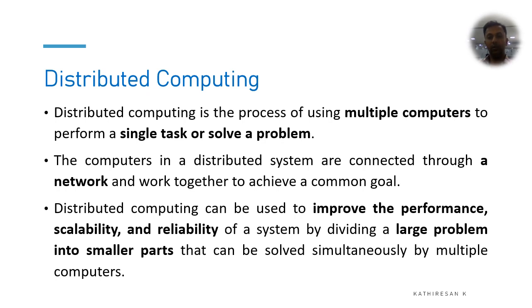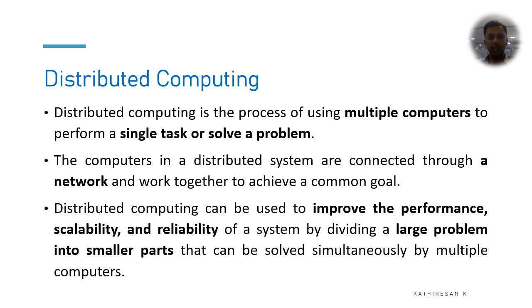Instead of having one computer do all the work, you divide the task into smaller parts and have multiple computers work on them simultaneously. Each computer works independently on its part of the problem, but they are connected through a network and work together towards a common goal, solving the problem or completing the task. So that's where distributed computing arises.